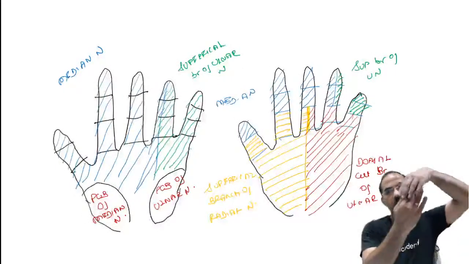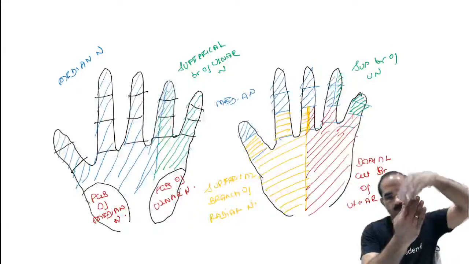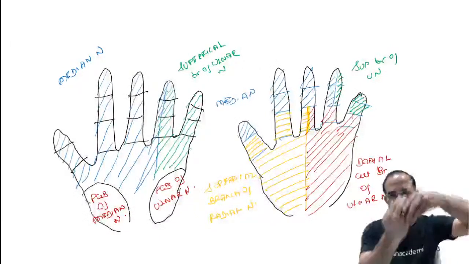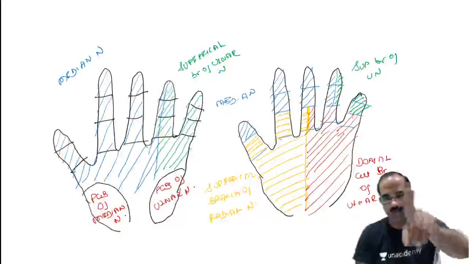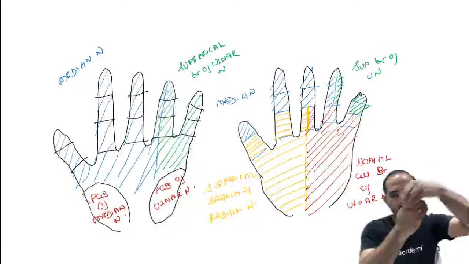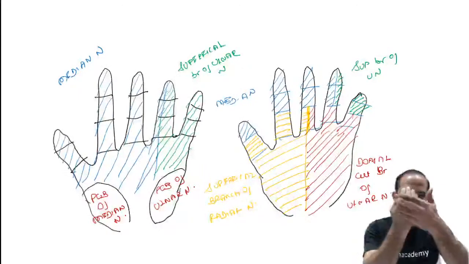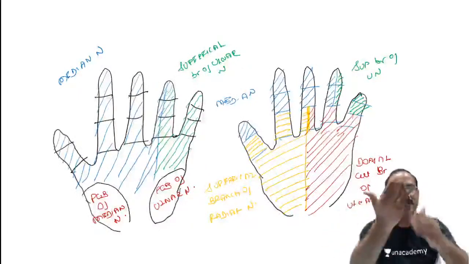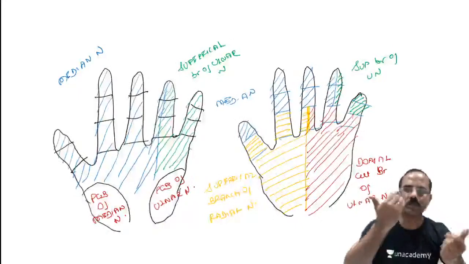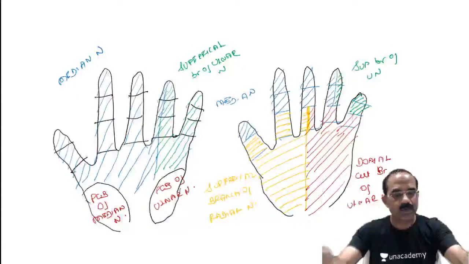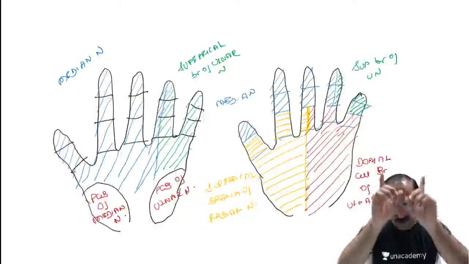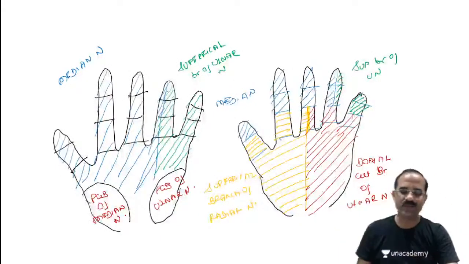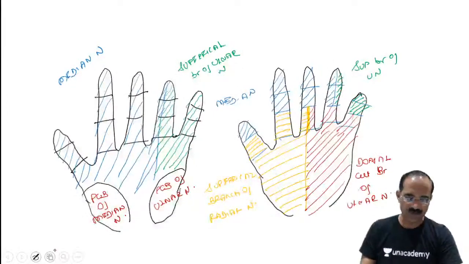Dorsal aspect: 3.5 fingers except the proximal phalanges, median nerve. 1.5 fingers except the proximal phalanges, superficial branch of ulnar nerve. 2.5 fingers on the dorsal aspect and the dorsum on the lateral side, superficial branch of radial nerve, and 2.5 and the dorsum on the medial side, the dorsal cutaneous branch of ulnar nerve. Okay, perfect. Good.